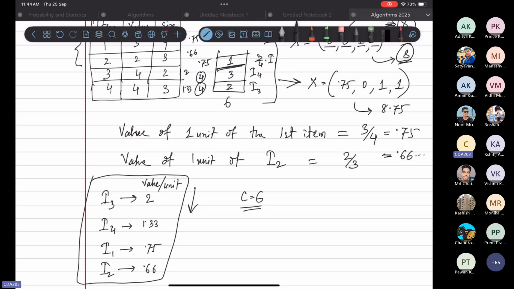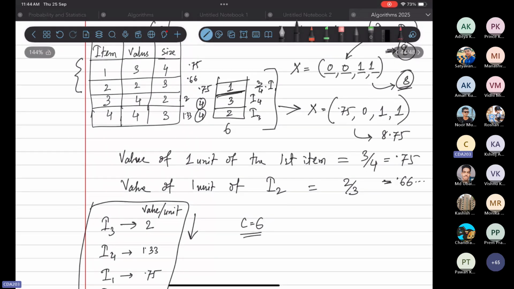Now how much of this third item do I have? 2 units. So can I take the whole 2 units of that item? Of course, yes. So I will be taking the third item completely, with x3 to be 1.